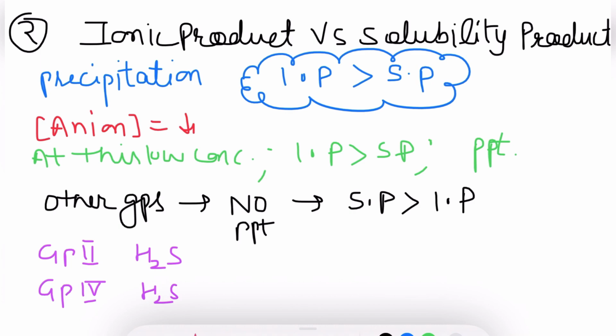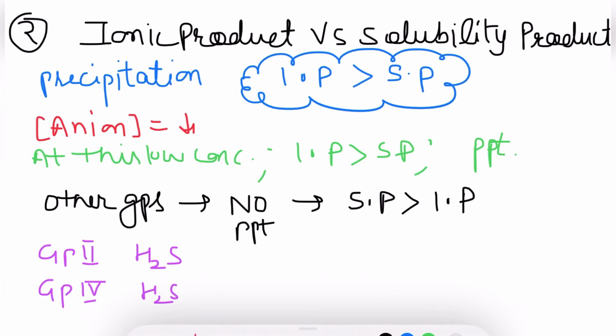Because they require quite a high concentration of sulfide ion, which is possible only in case of group 4, where we have the reagent H2S in the presence of ammonium hydroxide, which results in the formation of water there, and this results in an increase in the degree of dissociation of H2S. That's why group 4 radicals are not precipitated out as a sulfide in case of group 2.